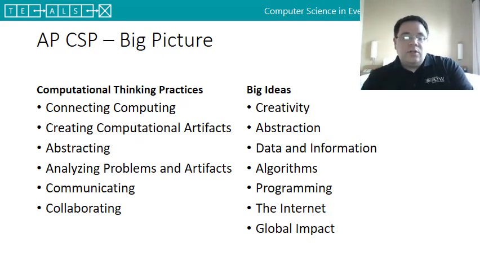Data and information is a big idea in computer science principles. We're surrounded by digital data in this digital world, and figuring out how to process that data and extract meaning from that data is a major part of computer science. Algorithms are the language of computers.